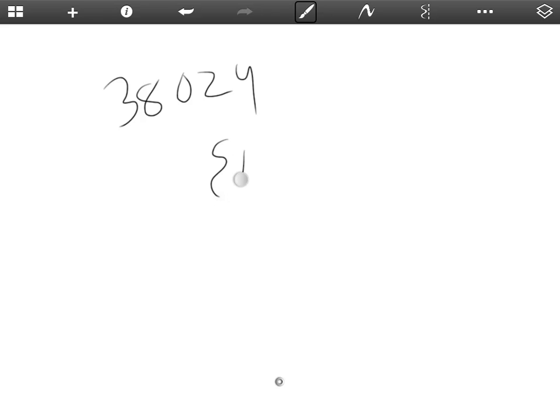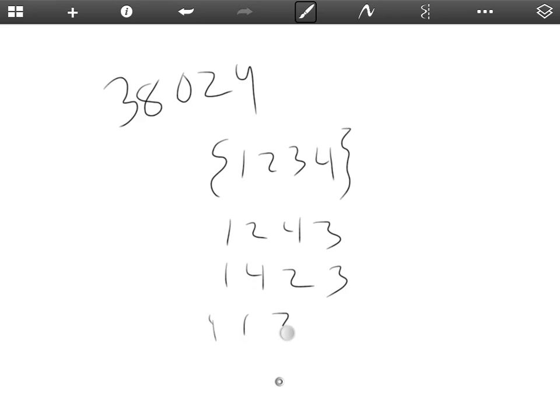Let's do 1, 2, 3, 4. Remember this nice simple thing? Well, let's list out the possible combinations of 1, 2, 3, 4. You have 1, 2, 3, 4. You have 1, 2, 4, 3. You have 1, 4, 2, 3. See how I'm just moving the 4 over to the left one, and then 4, 1, 2, 3.